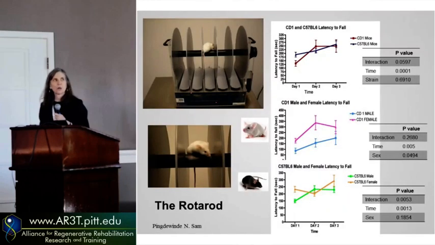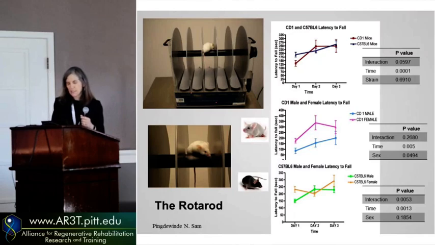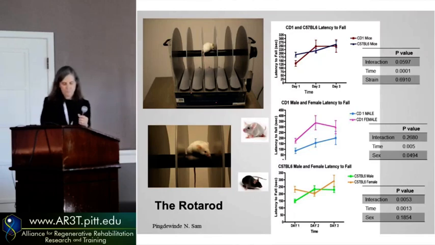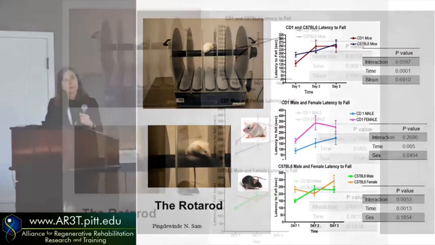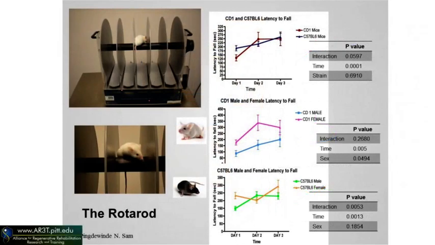And so what you see here is if you don't separate them out by sex, the CD1 and the C57 Black 6 don't show any difference on the latency to fall on the rotor rod. They look about the same.